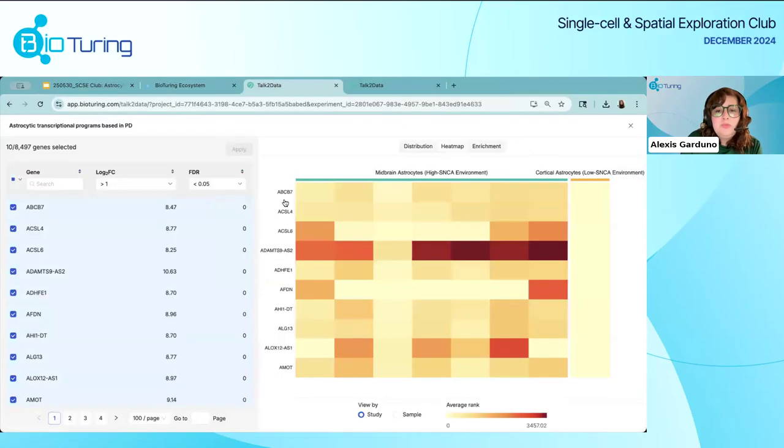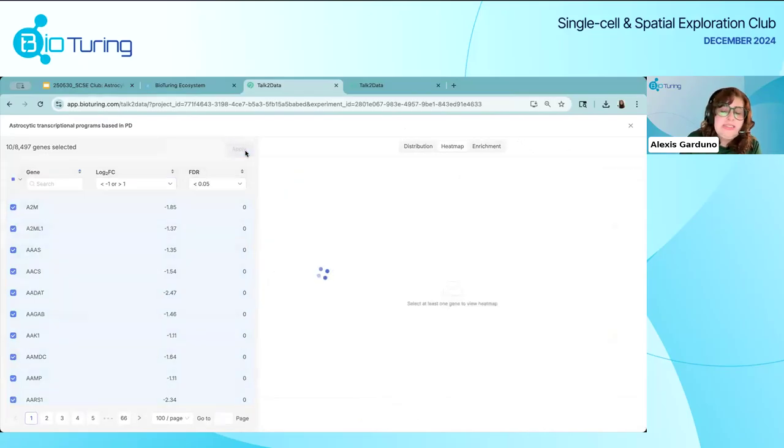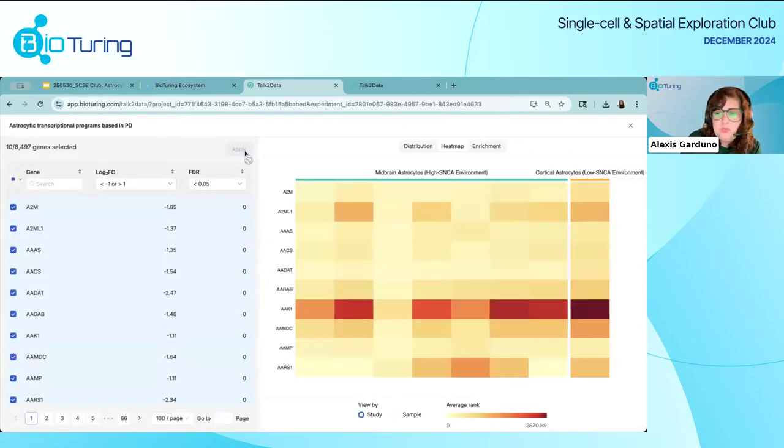So when you're in the system, what you can see is that there are very specific targets that are upregulated. You can look at both directions as well. So if you want to see genes that are going in both directions, you can apply that search as well to see if there are any differences within the groups.